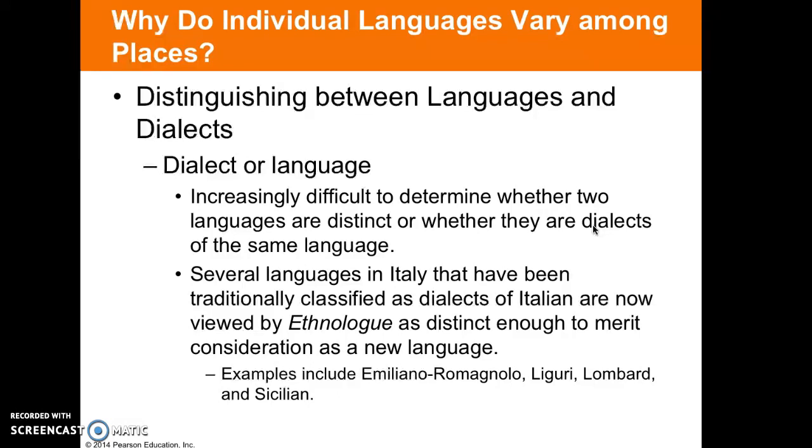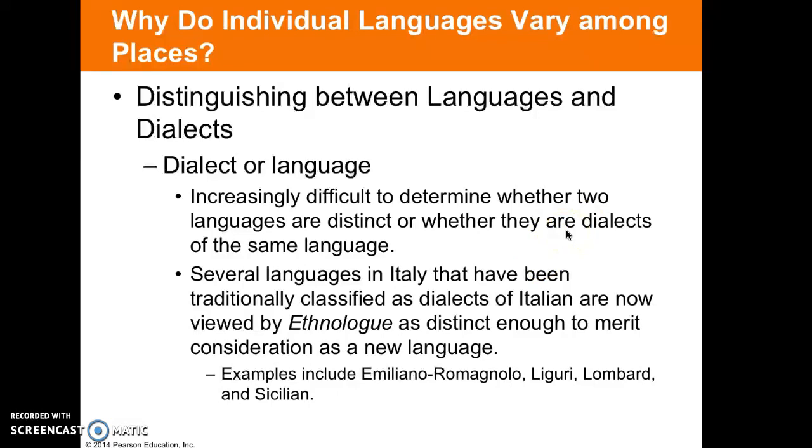So in Italy, many languages were classified as dialects of Italian, and now many of them are seen as distinct enough to give them consideration as their own language, like Sicilian or Lombard or Ligurian. All these languages can be seen as distinct languages, and that makes sense if you think back to what you've learned in history about Italy.